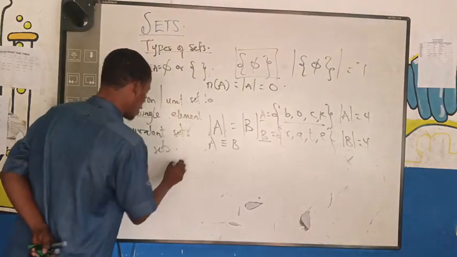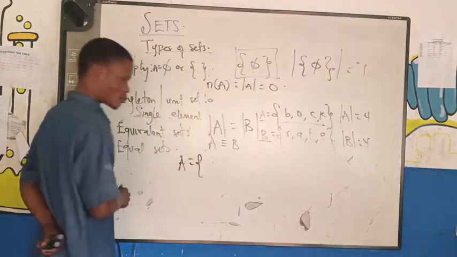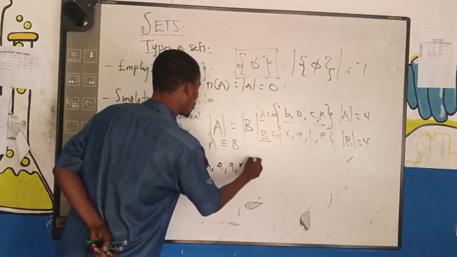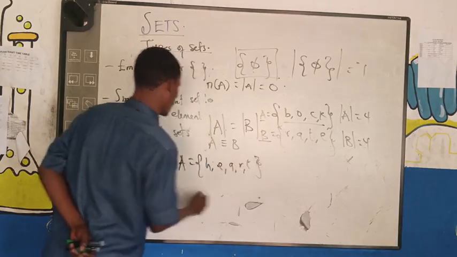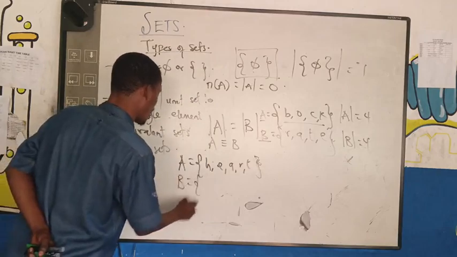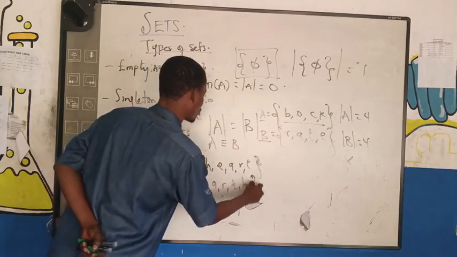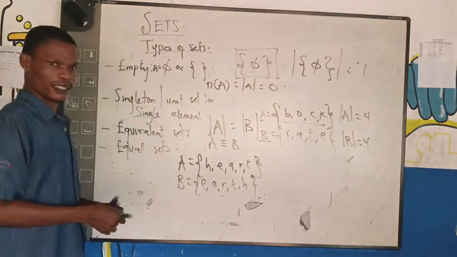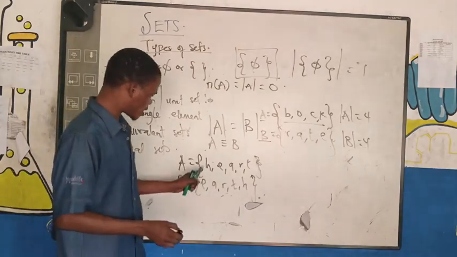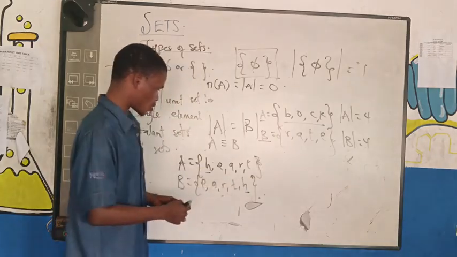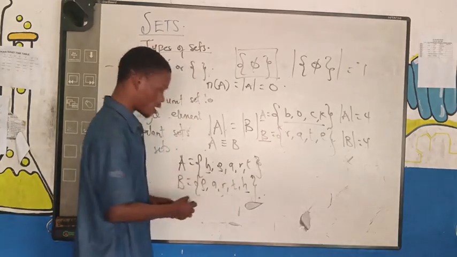Now let's see. Let me see this set A. I have H-E-A-R-T. And set B, I have E-A-R-T-H. Now look at sets A and B. H is here, and H is here, good. E is here, good.